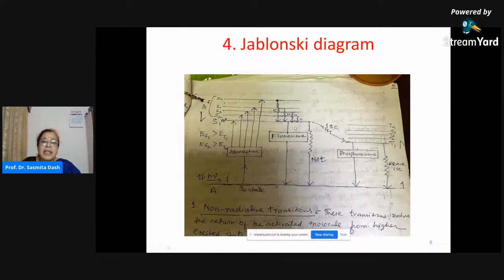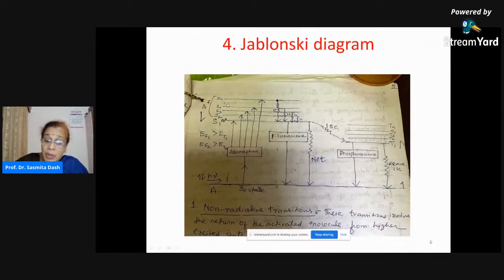As we know, this is the singlet state and this is the triplet state, and from here to here there is a change in the spin of the molecule, hence this is spectroscopically forbidden, hence the rate is very, very slow.